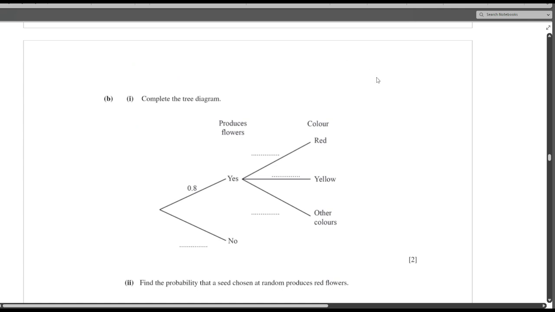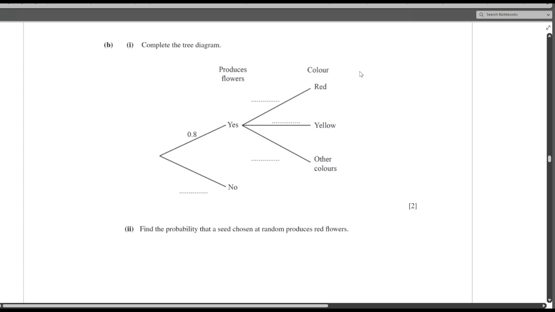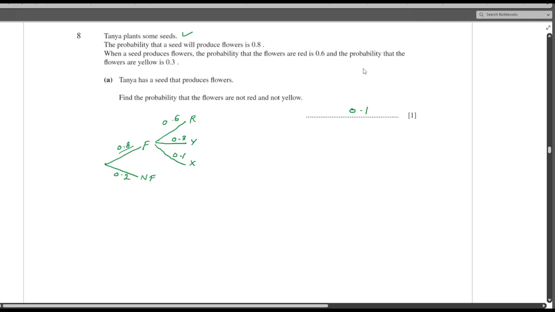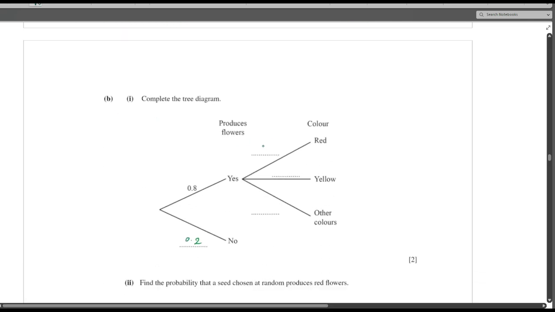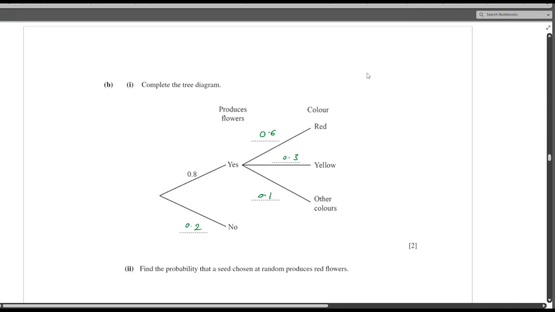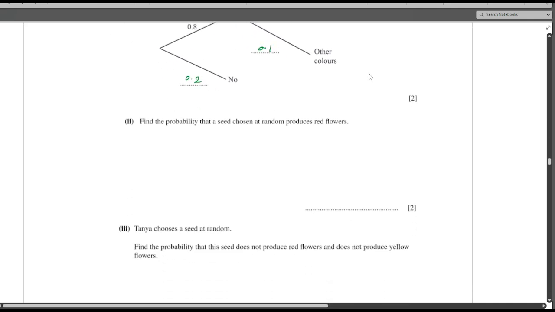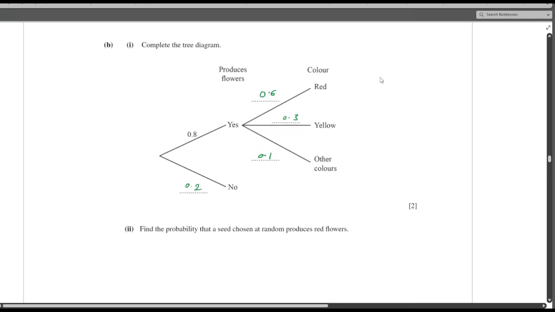Okay, so here we have that tree diagram. We have already done this. So this is 0.2. Here the red flower is 0.6. This is 0.3 and this is 0.1. Find the probability that the seed chosen at random produces a red flower.